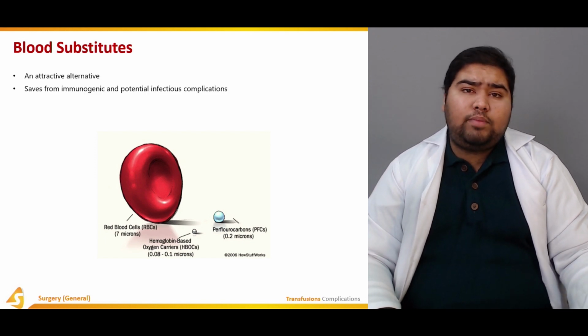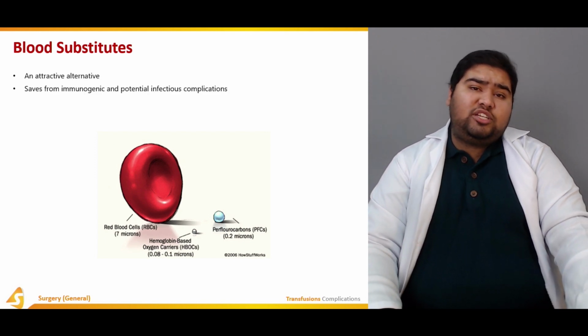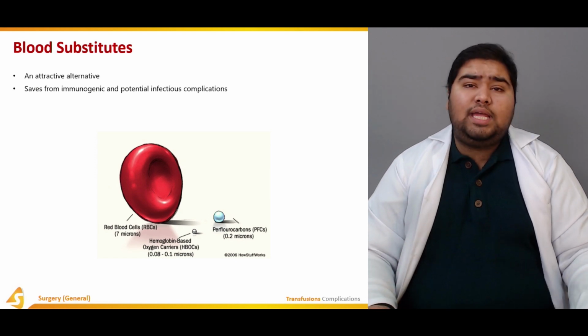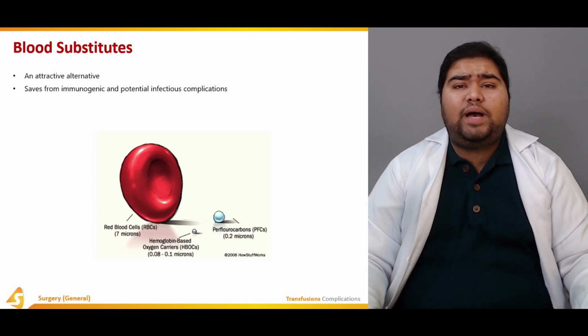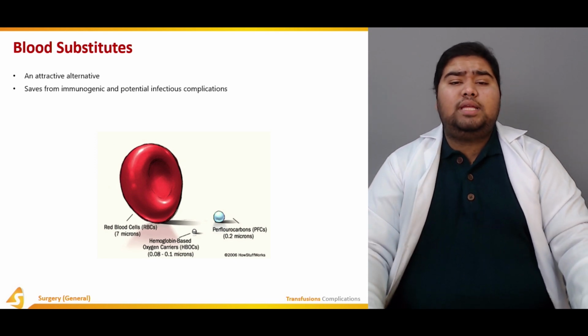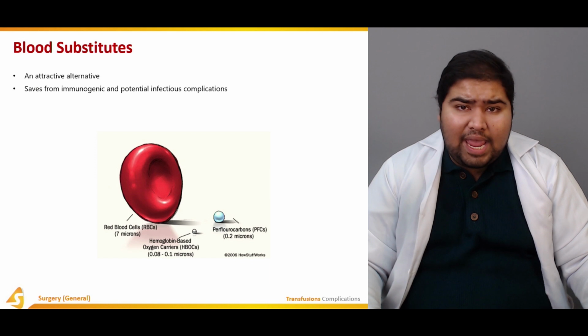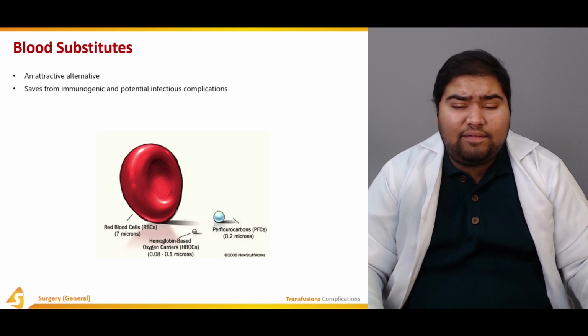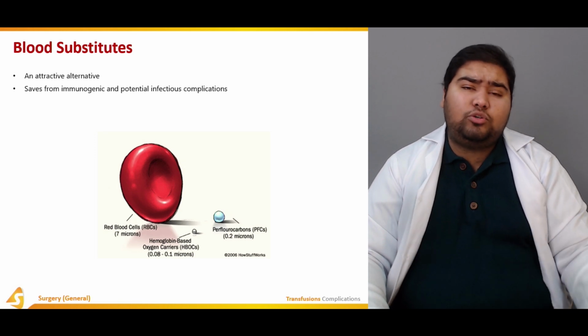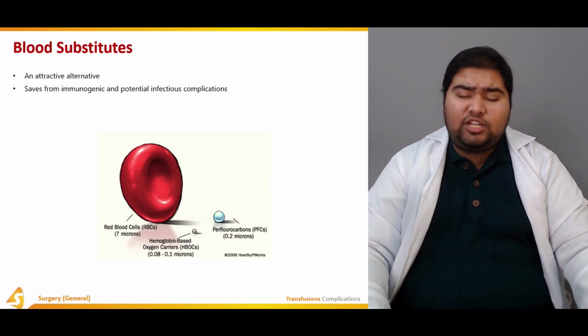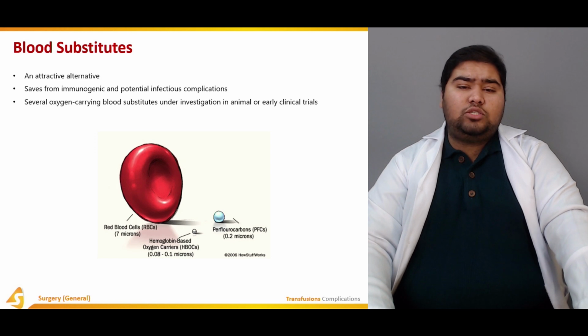It saves from immunological and potential infectious complications because these are organic materials, but they're not biological materials. So these are usually non-antigenic. They do not have any antigens on them, and since they are controlled and tested, they are non-infectious and prevent these complications.